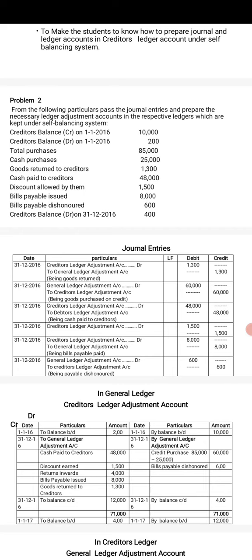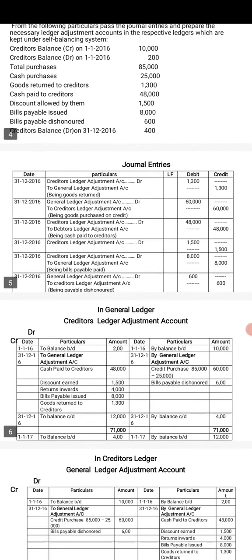Next, you have to pass the entry for bills payable paid: creditors ledger adjustment account debit to general ledger adjustment account, rupees 8,000. For bills payable dishonoured, you have to pass the entry: general ledger adjustment account debit to creditors ledger adjustment account, 600.